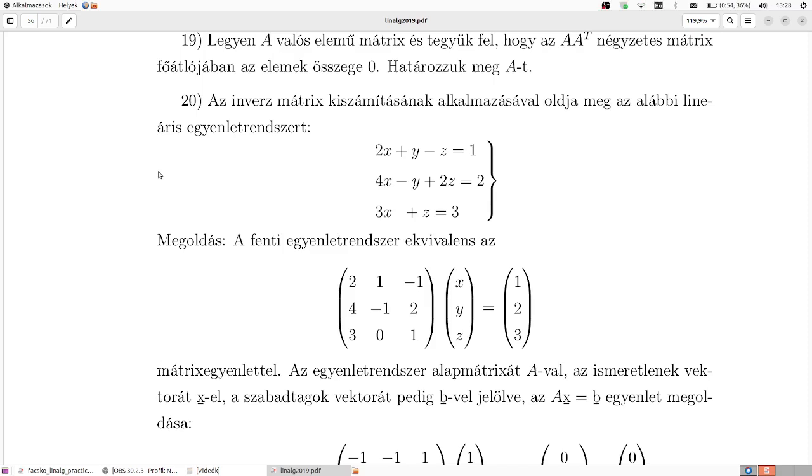So we have x, we have to multiply with the inverted matrix.